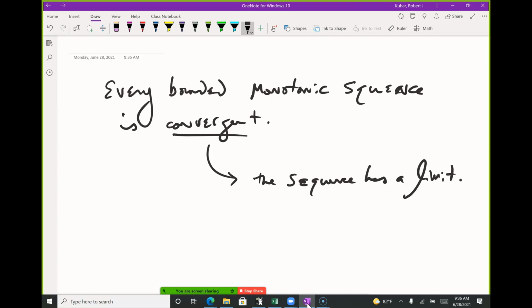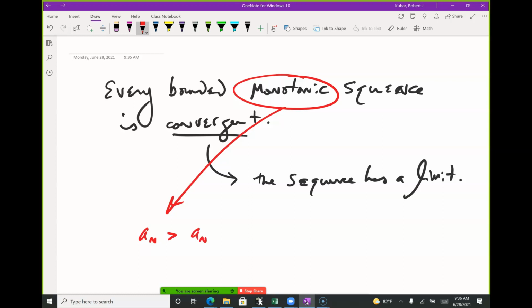I'm assuming that this is kind of obvious here. Monotonic meaning always increasing or always decreasing, right? a sub n is greater than a sub n plus 1 tells me my sequence is decreasing.